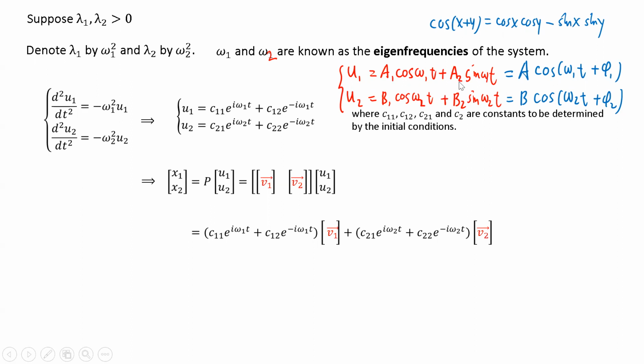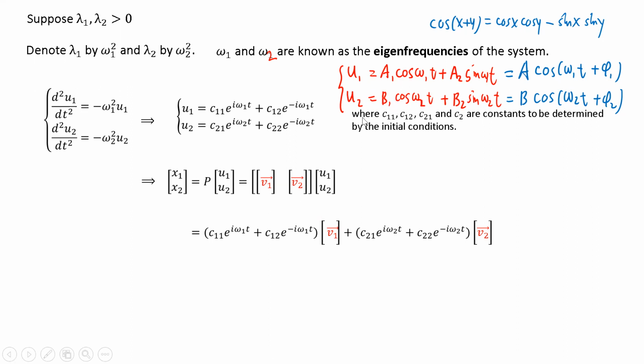So you can write it in this form, this form, or this form. They are all equivalent. Of course, what differs are the coefficients, all these constants, which will have to be determined by the initial conditions of our system. Okay, as I will talk about later.